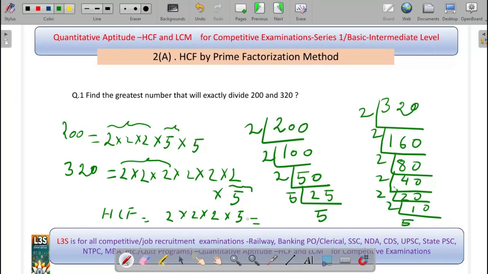This will be 2 into 2 is 4, into 2 is 8, 8 into 5 is 40. So 40 is the greatest number that can exactly divide 200 and 320. 40 into 5 is equal to 200, and 40 into 8 equal to 320. So this is the greatest number which can divide 200 and 320.